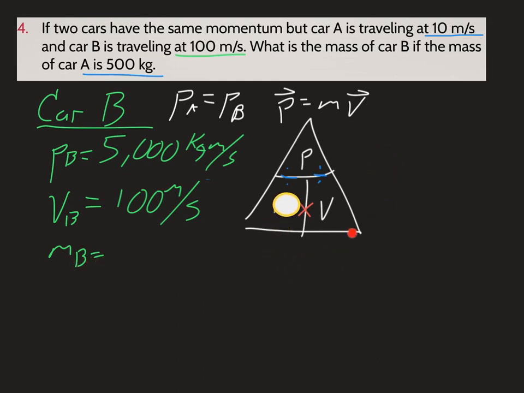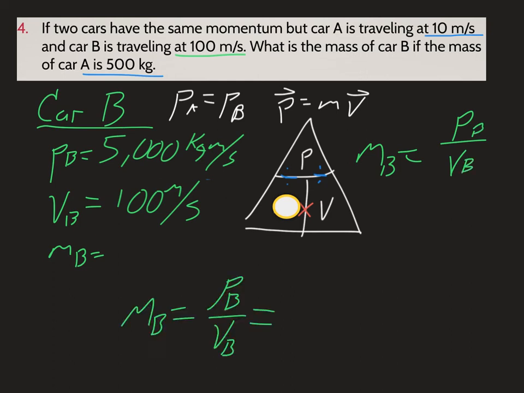I'm going to use my triangle to get a new formula. So I covered up the M for mass of car B. What that means is I'm now saying mass equals, so mass of B equals the momentum of B divided by the velocity of B. What I now have is a formula for B solved for the mass that I can plug the variables that I know in there.